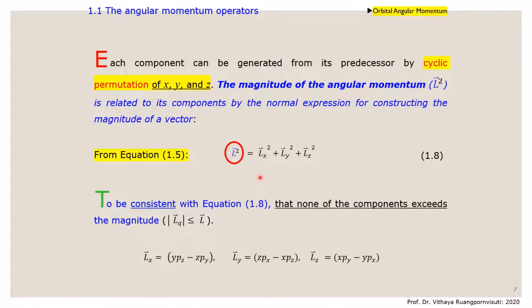Therefore, to be consistent with equation 1.8, none of the components exceeds the magnitude. That means that the absolute value of each component should be equal to or less than the L value.